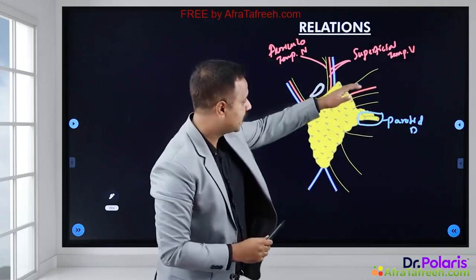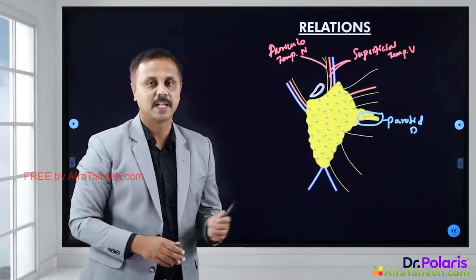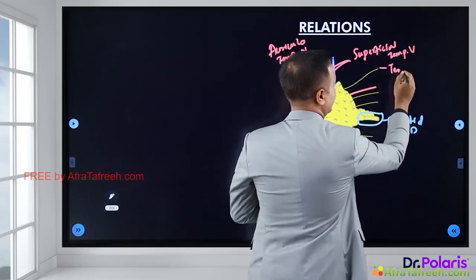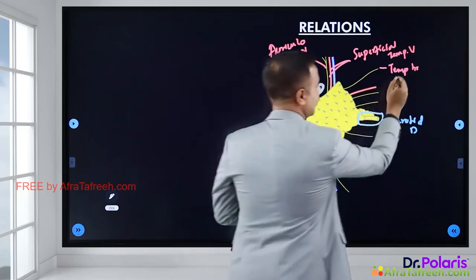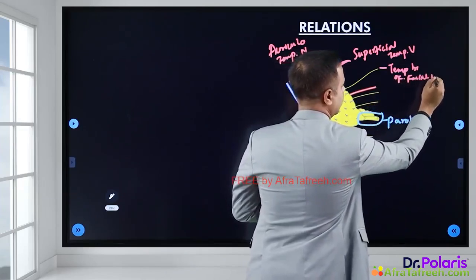Then above the parotid and below the parotid, we can see few more important structures. Now let's see what are these. This is the temporal branch of facial nerve. This is the temporal branch of what? Facial nerve.